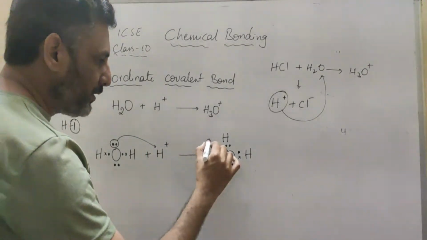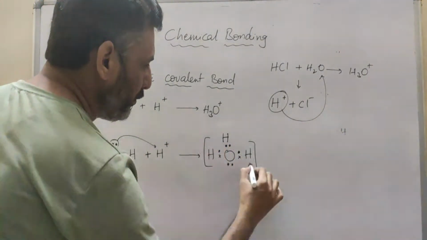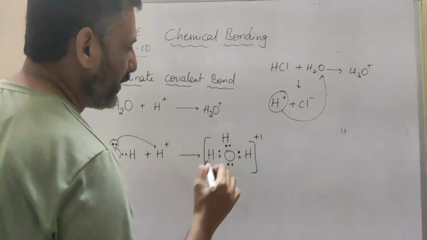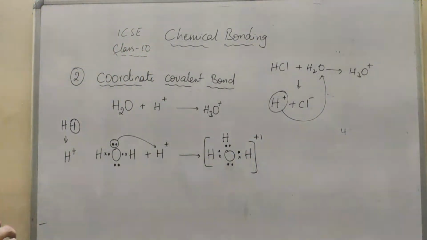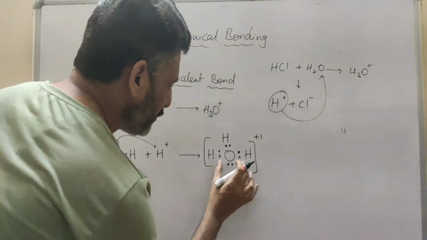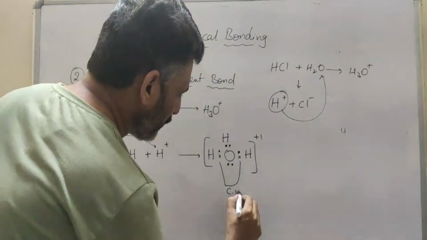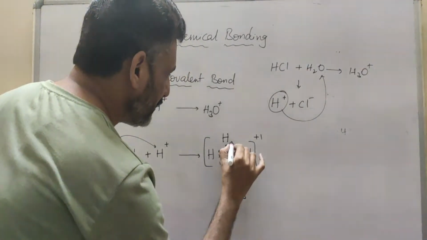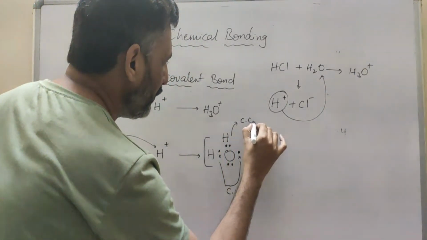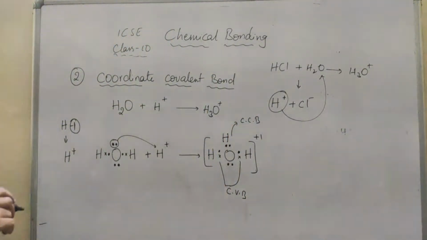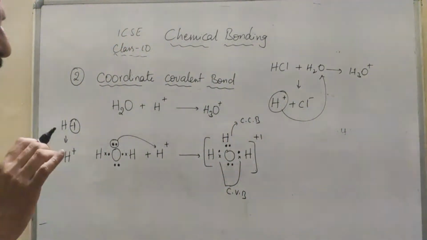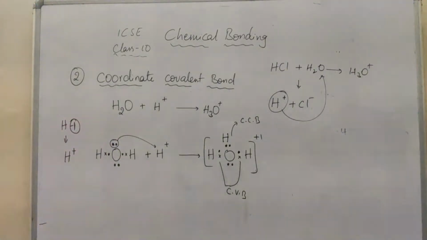And there is a positive charge here, so this whole group of atoms, or radical, will take that positive charge. In this case, these two are covalent bonds, but this is a coordinate covalent bond. So this is how hydronium ion is formed.